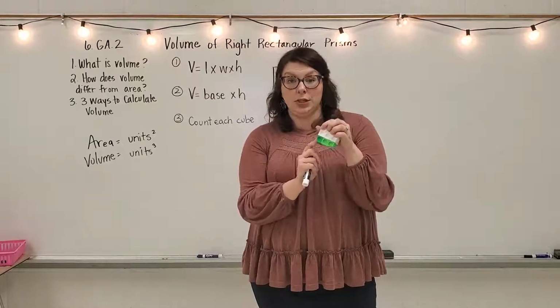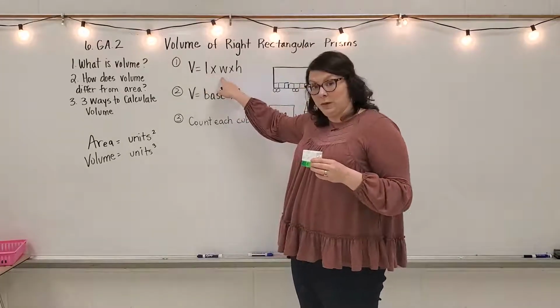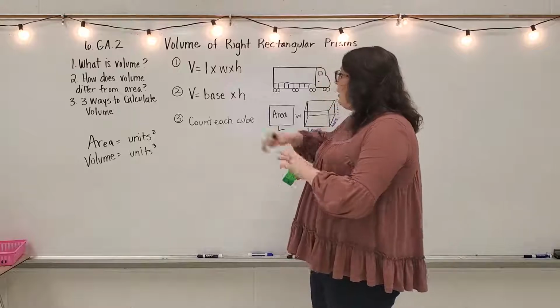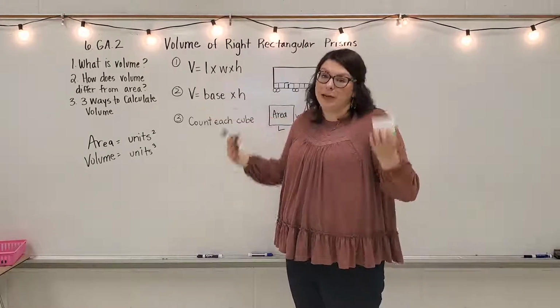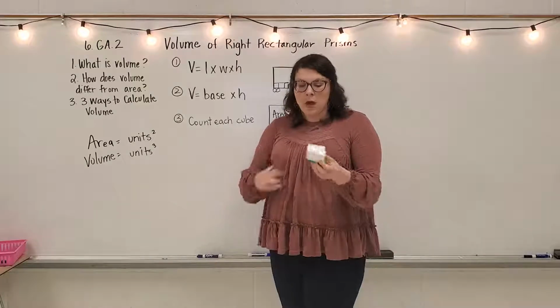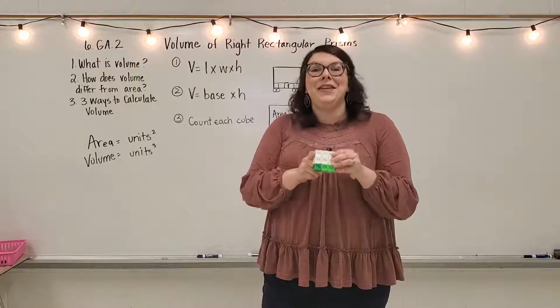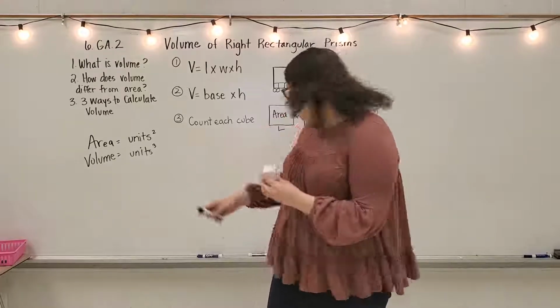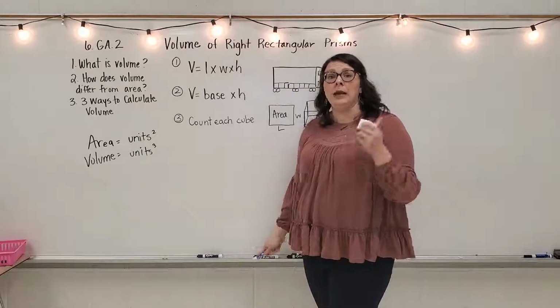Well, 3 times 2 is 6. Well, that was just length times width. So if I put in length and width here, I would get the same thing as base, because base is just length times width. Well, if I have 6 on each level and I have 3 levels, then that's 18, okay? So there are 3 ways to calculate volume, and all of them will get you to the same answer.